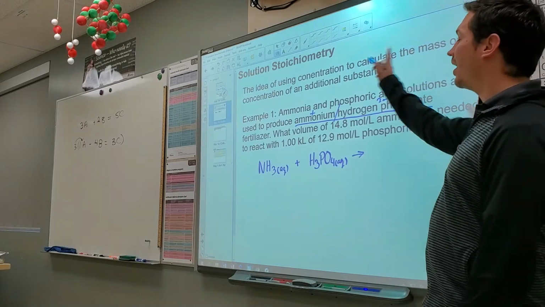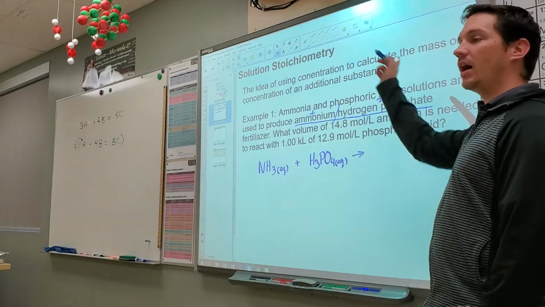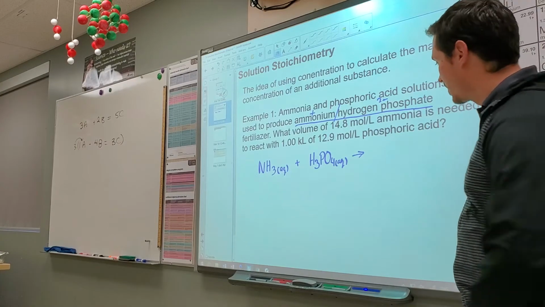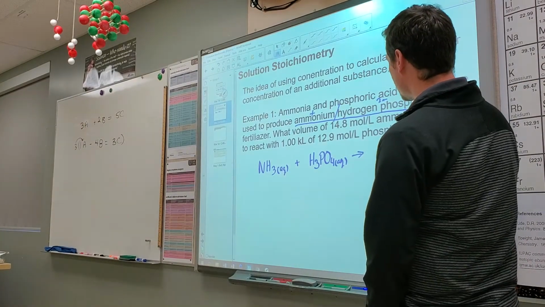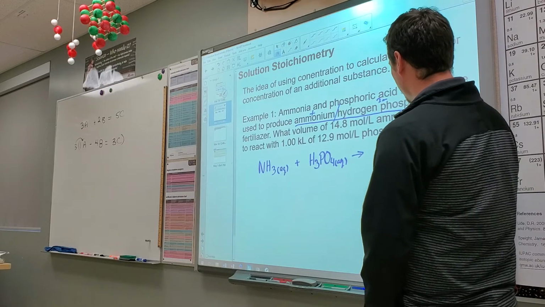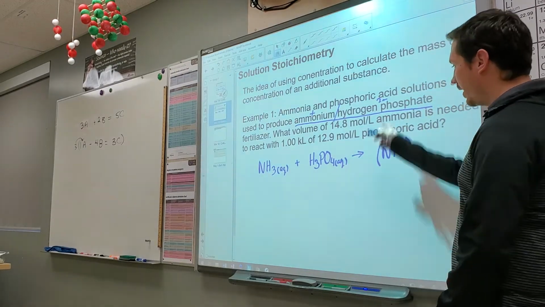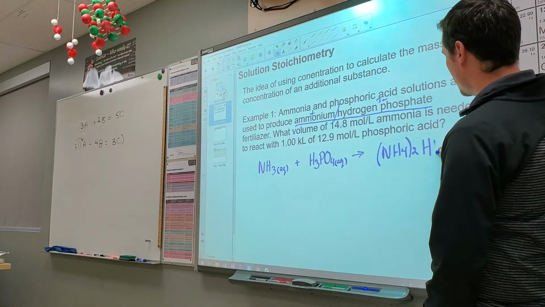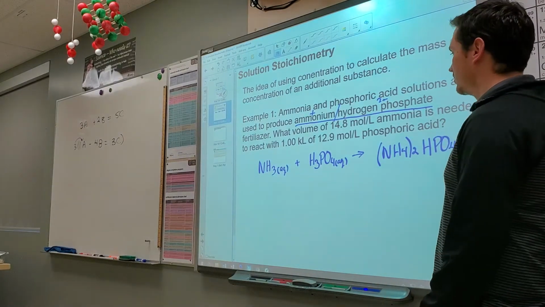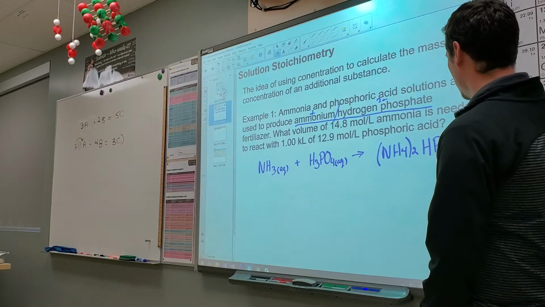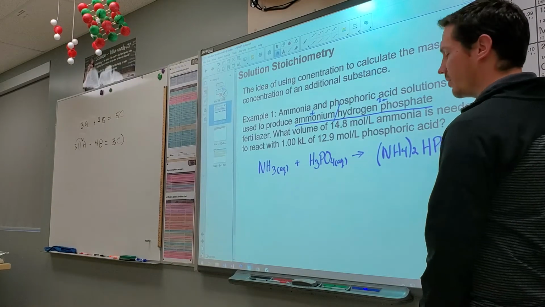So how many ammoniums and how many hydrogen phosphates do we need? Well, ammonium is NH4 and we need 2 of them, right? And then hydrogen phosphate is HPO4. Easy peasy lemon squeezy. It's probably going to be aqueous.